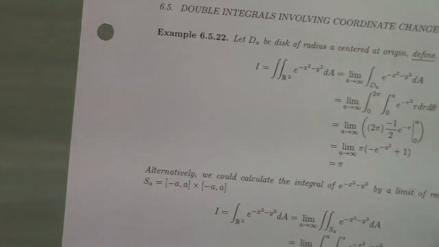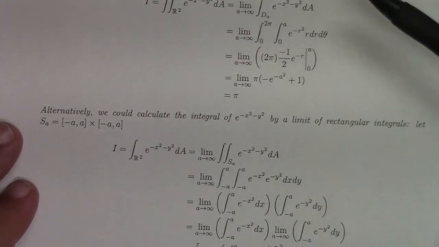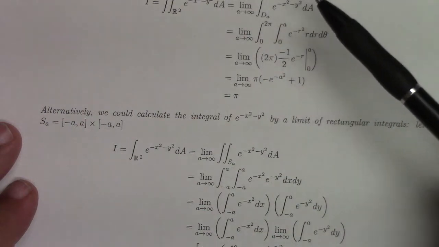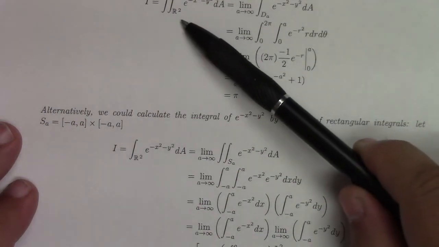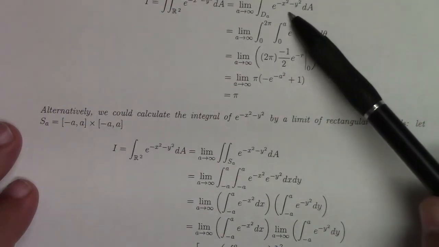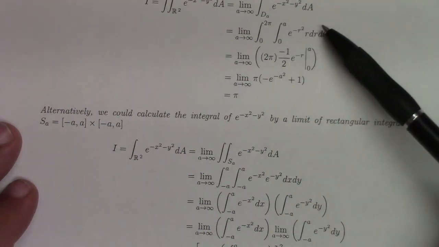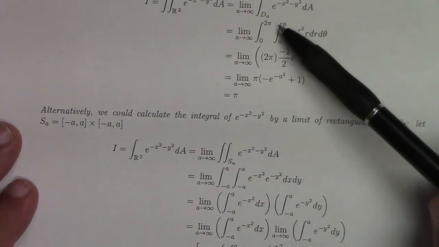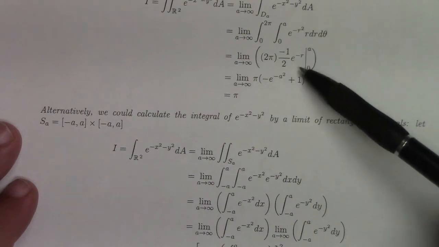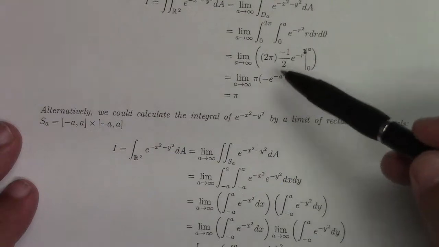This example here is actually very interesting and a standard thing you should see. We can calculate the integral of e to the minus x squared minus y squared dA over the whole plane in this limiting way. That's really e to the minus r squared, and take the limit as the radius goes to infinity, 0 to 2 pi, and by u substitution, that's e to the minus r squared, evaluating from 0 to a.